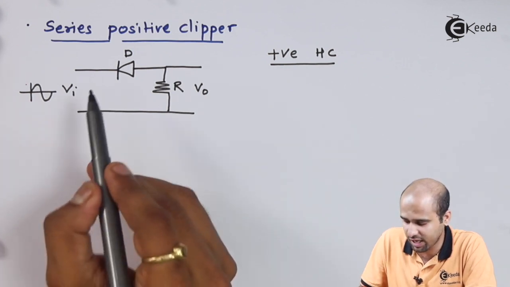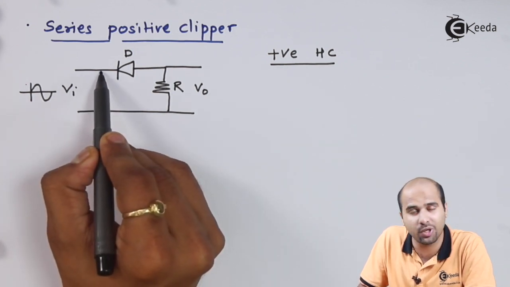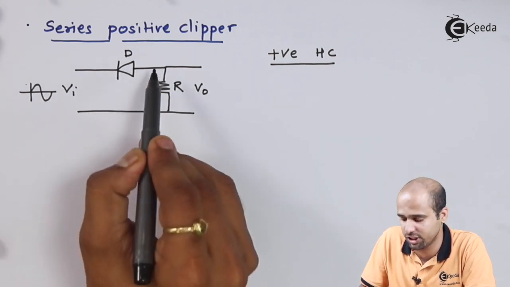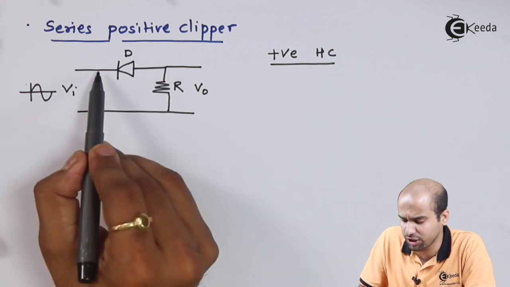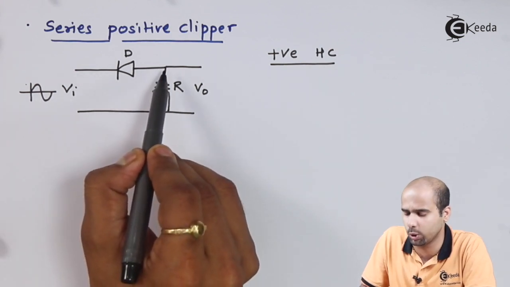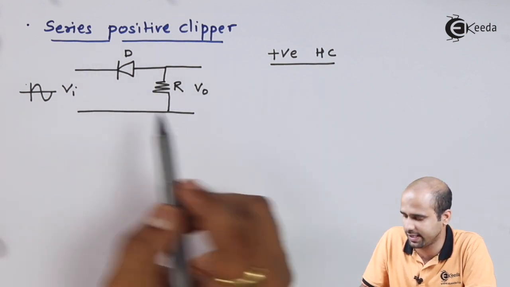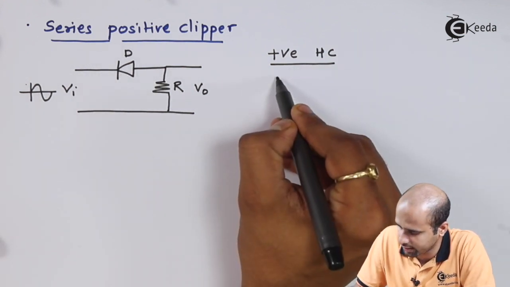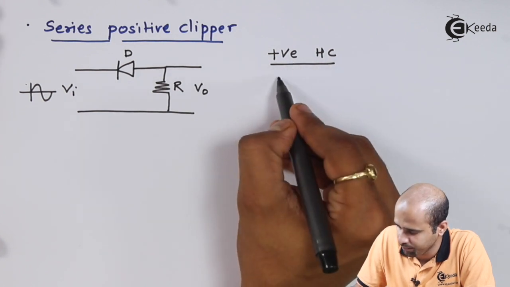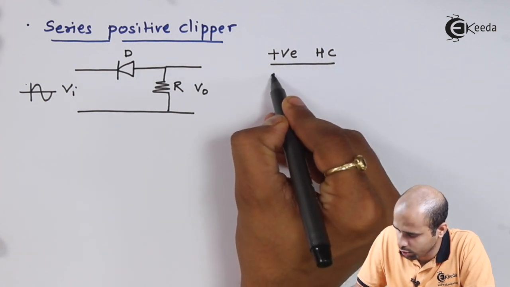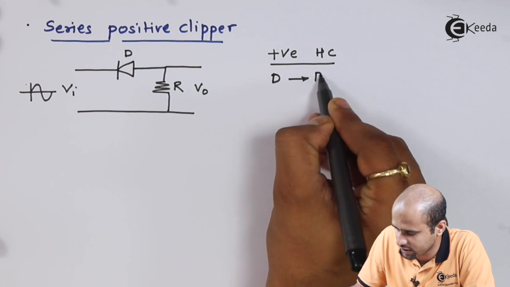In positive half cycle, I know that cathode is positive with respect to anode. If cathode is positive with respect to anode, then can I say that diode is reverse bias? Yes. So in positive half cycle, the diode D is reverse bias.